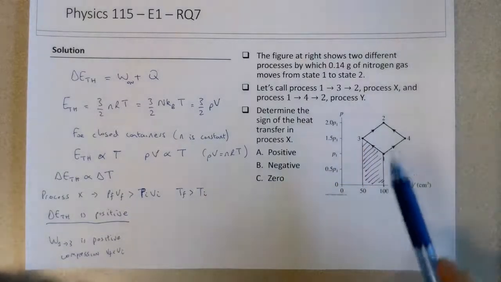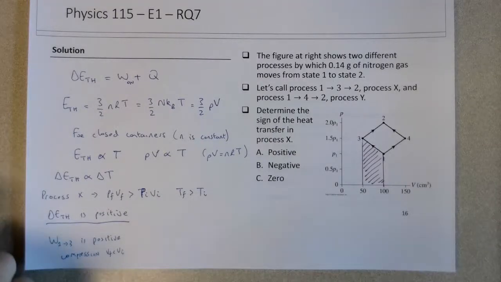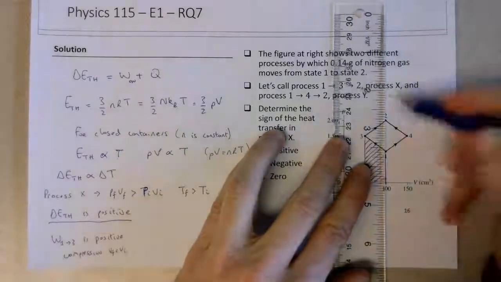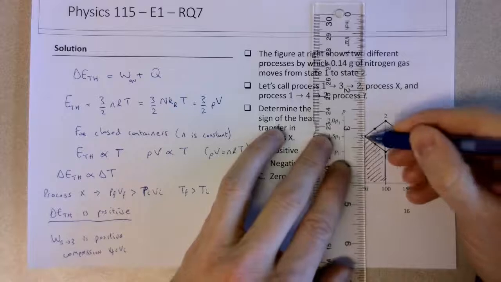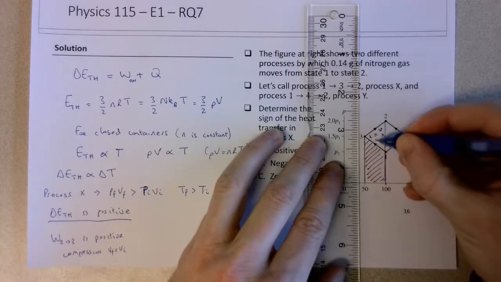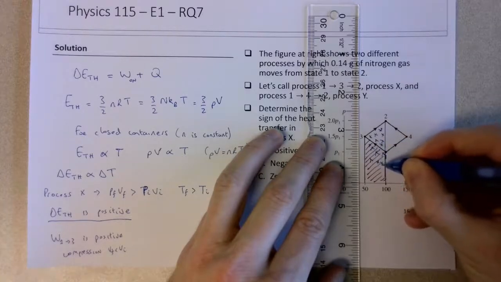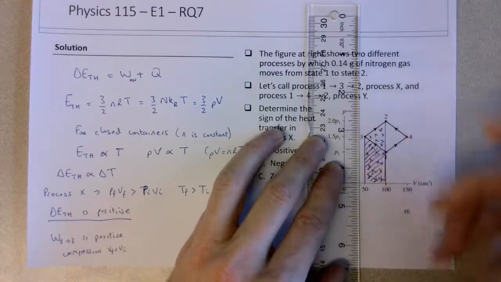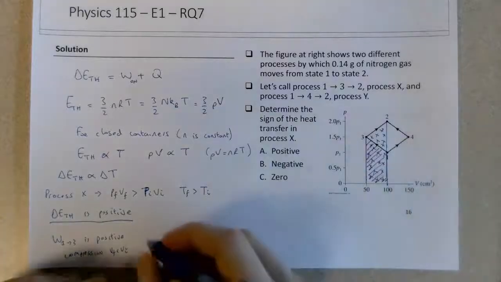But the work done from 3 to 2 is expansion, and that area is going to be slightly bigger than the area from 1 to 3. So that includes the entire area under the curve, and I'll just draw these with little X's. It includes this area, but also all the area underneath the 1 to 3 curve. So it's everything underneath the 3 to 2 curve, and that is an expansion.